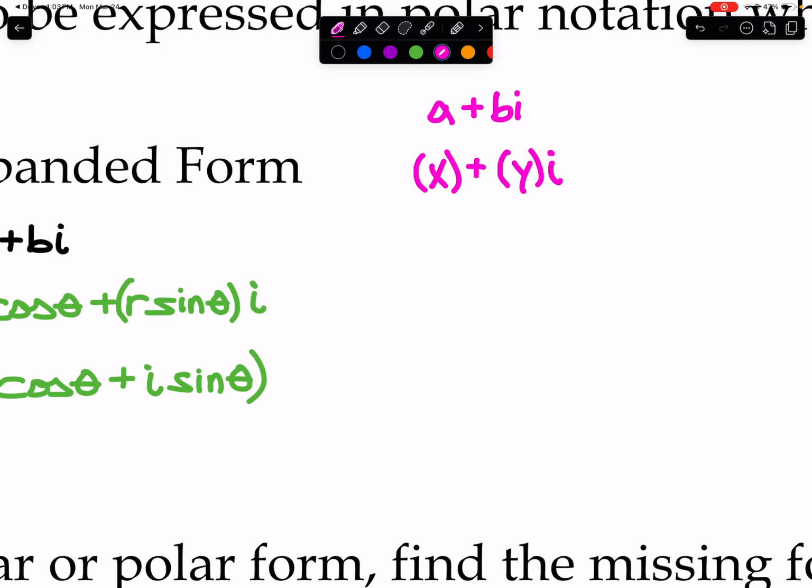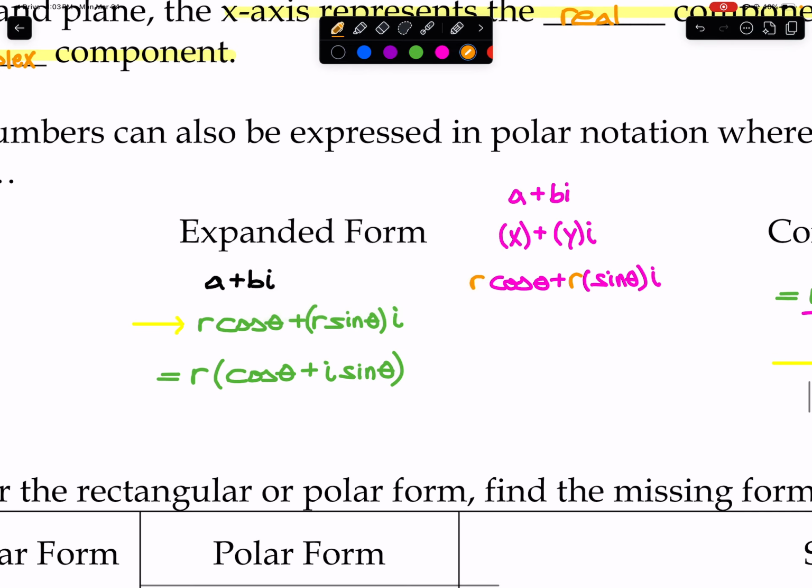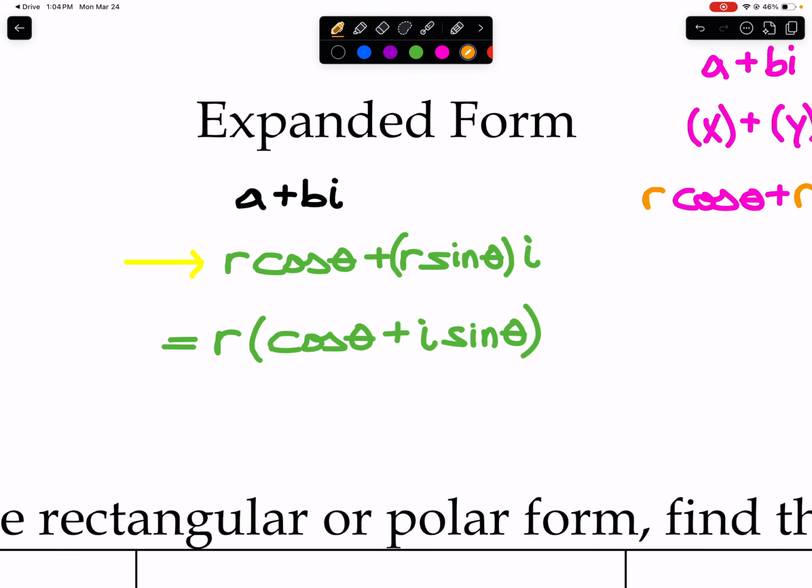In terms of polar, x is going to equate to cosine of theta plus the y component, which corresponds to sine of theta, and that's going to be your imaginary component. But because we're also talking about a distance from the pole, we also have to include your r value. And that r value is what's going to be multiplied in front of both your sine and cosine. So that's where these values here are going to come from.